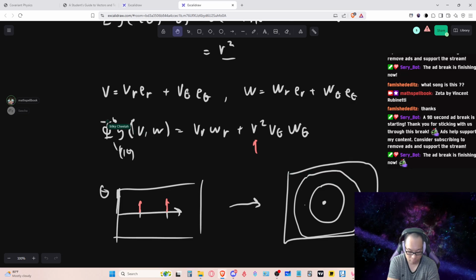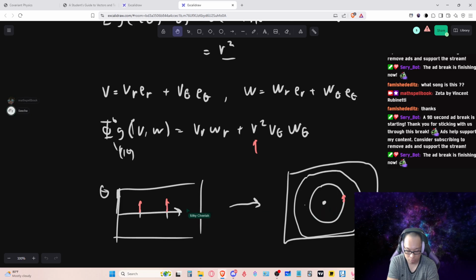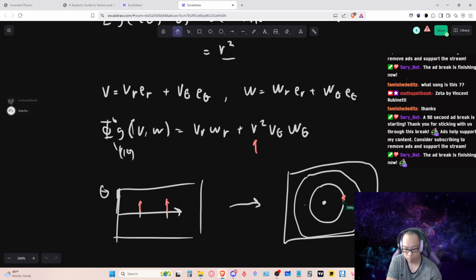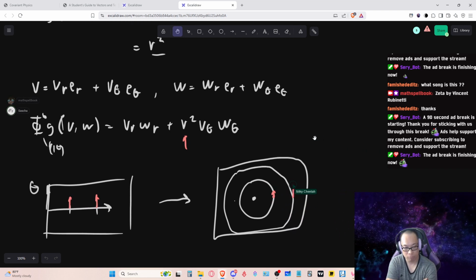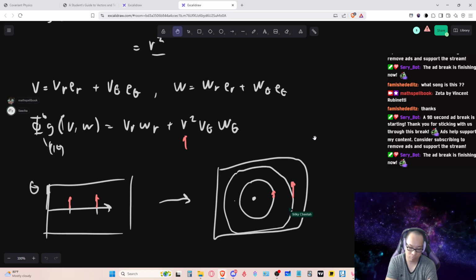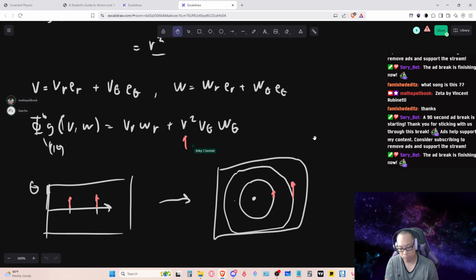Because the angle makes a difference on how big the circle will be. If you look at the variation along e theta, along the angle, if you're on a smaller circle, the vector you will get will be much smaller, versus if you're on a bigger circle. So this is one way you can make sense of that.